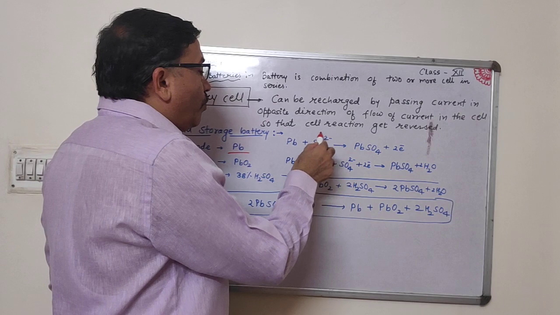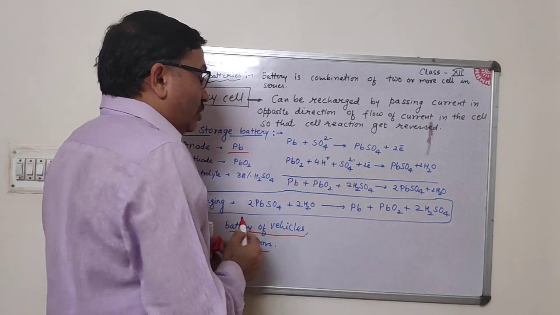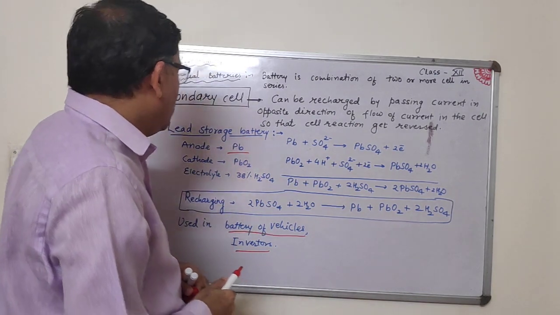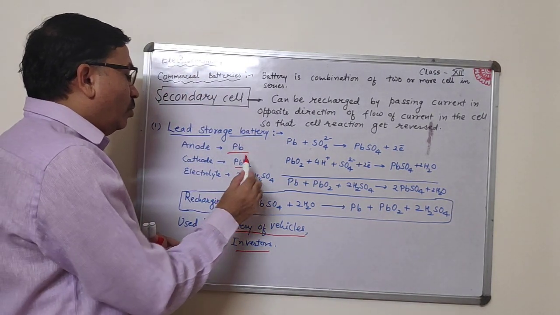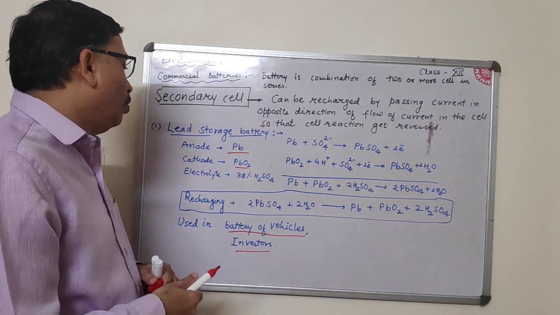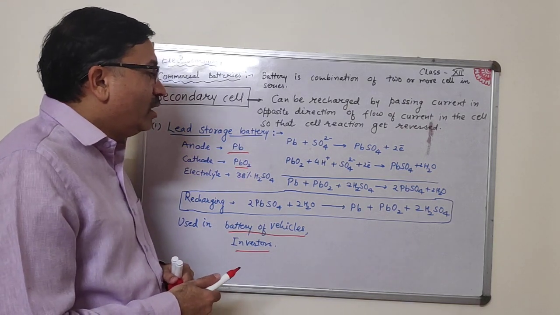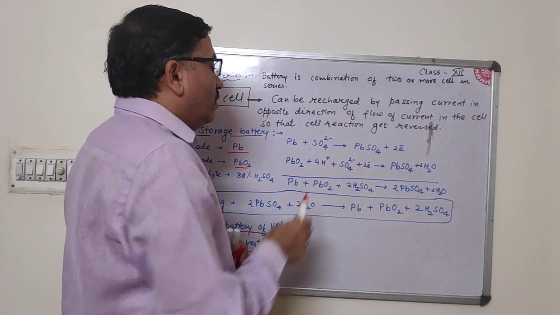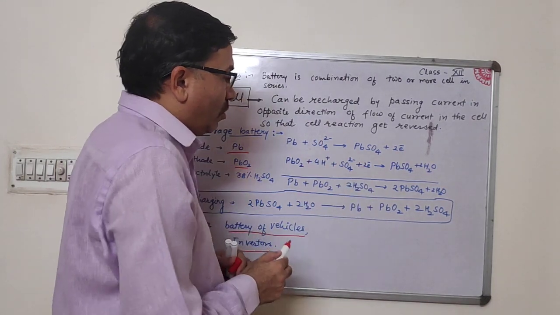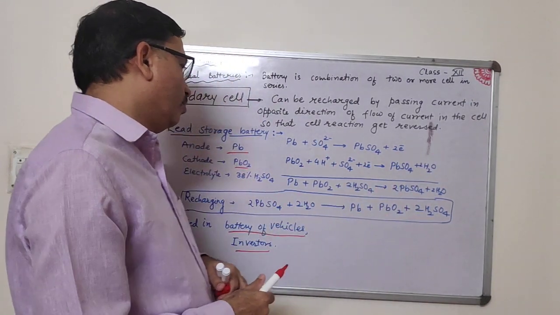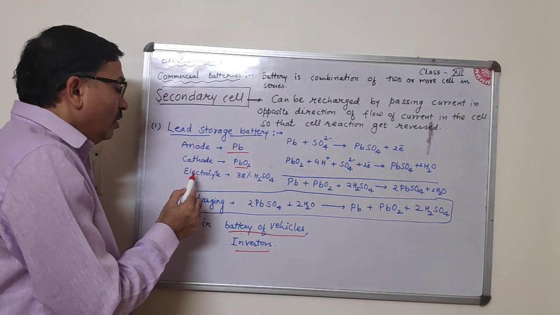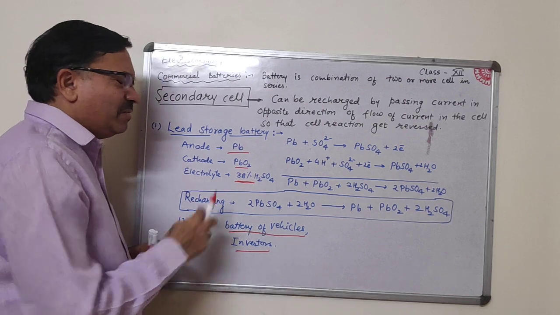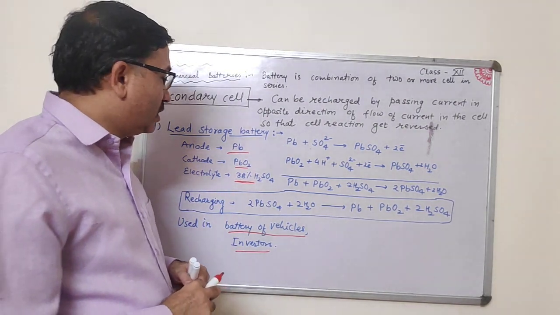At the anode, Pb plus SO4 2 minus, which comes from the H2SO4 electrolyte, gives PbSO4 plus 2 electrons. At the cathode we use PbO2: PbO2 plus 4H plus SO4 2 minus plus 2 electrons converts into PbSO4 plus 2H2O. We use 38% H2SO4 with a specific gravity of 1.86.